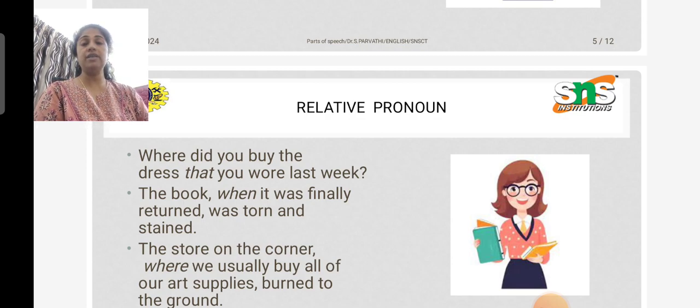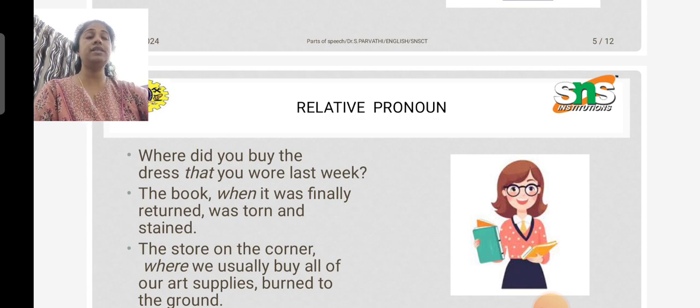I told you the words where, what, when sometimes come under relative pronouns. This when comes here. And the store on the corner where we usually buy all of our art supplies burned to the ground. You are telling your son or daughter that the store where we usually buy all our groceries got burned, right? So these are called relative pronouns.